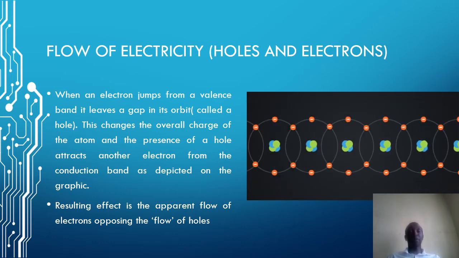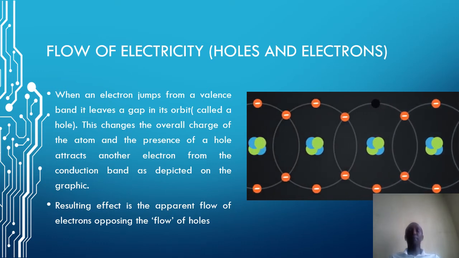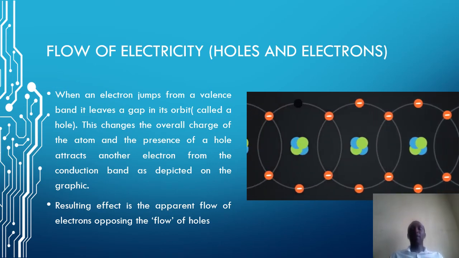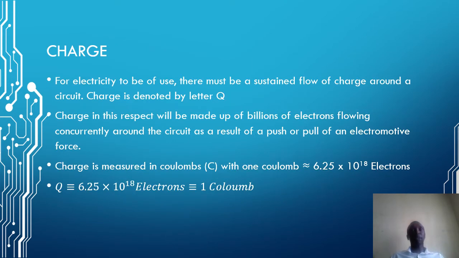So because of the way electrons jump and move about, there will be that apparent flow of electrons in a conductor.